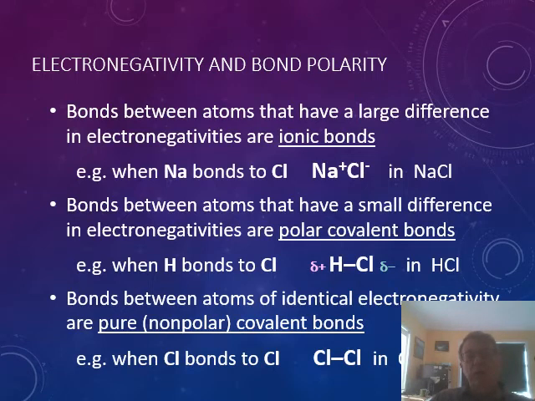Chlorine is more electronegative than hydrogen, so that is the negative side of the bond, and hydrogen is the positive side. Bonds between atoms of identical electronegativity, for example in molecules of elements, are what's called a pure covalent bond. There's an even distribution of charge across those two atoms.